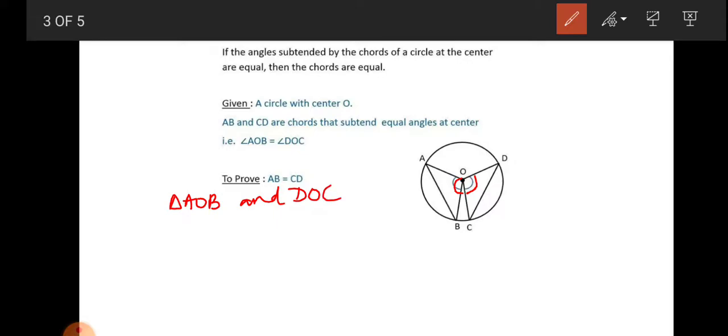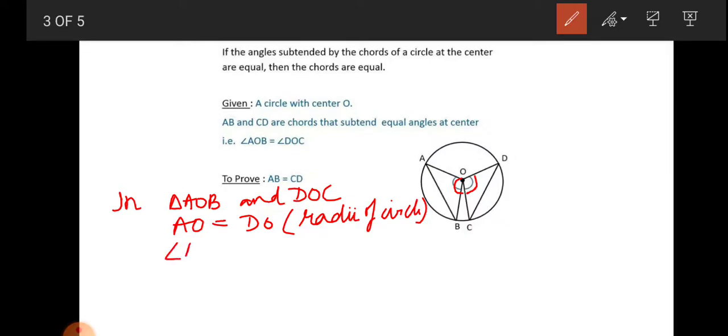Now in triangle AOB and triangle DOC, AO is equal to DO, as AO and DO are radii of a circle and we know radii of a circle are equal. Angle AOB is equal to angle DOC, given.